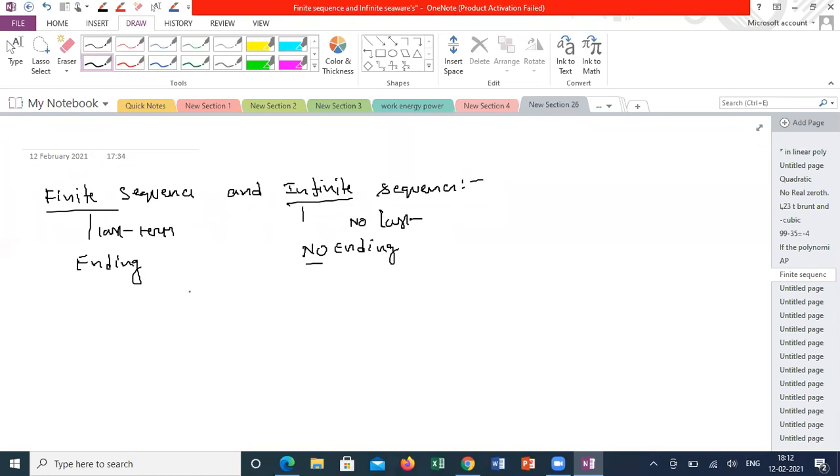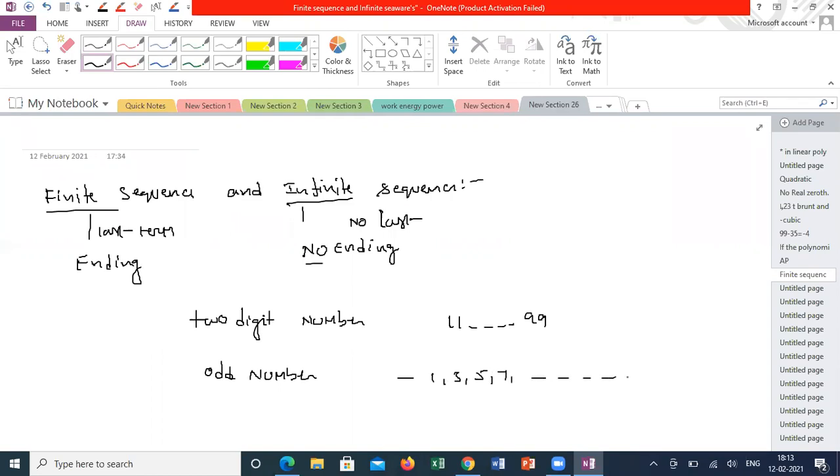Two-digit numbers: finite series or infinite series? Finite. So it's a finite series, 11 to 99. Correct? Odd numbers: infinite, because it's 1, 3, 5, 7, and there is no ending.